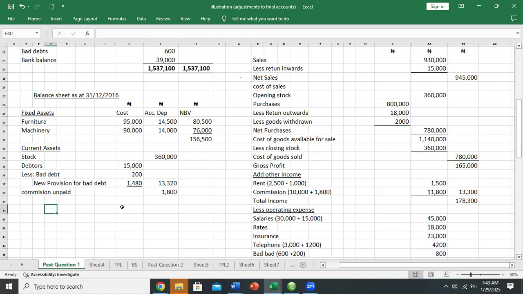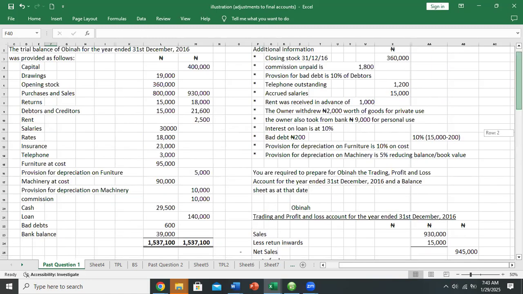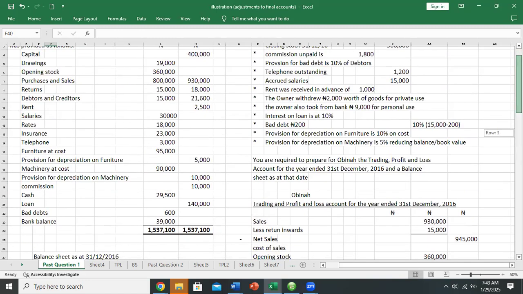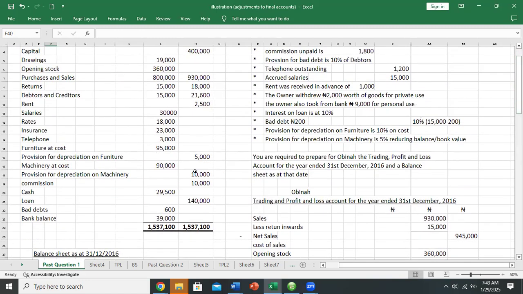Okay. Then after that, you check for your bank and cash balances. I think we have cash and also have bank. But again, if you are not careful, you'll miss the point that the owner took some money from bank. So the cash had no issue, so we put it in there straight away.